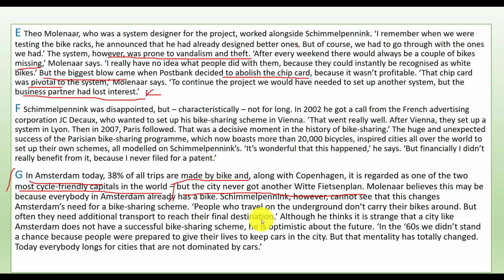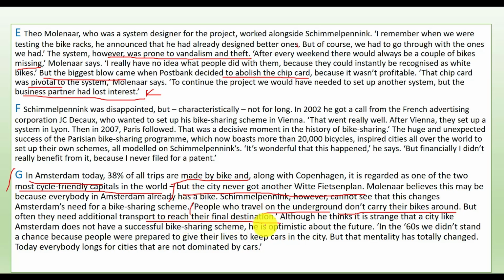Now let's continue. I believe this may be because everybody in Amsterdam already has a bike. The planning officer, however, cannot see that this changes Amsterdam's need for a bike sharing scheme. People who travel on the underground don't carry their bikes around, okay, but often they need additional transport to reach their final destination. Okay, people who travel on underground use public transportation, and this sentence is about public transportation.